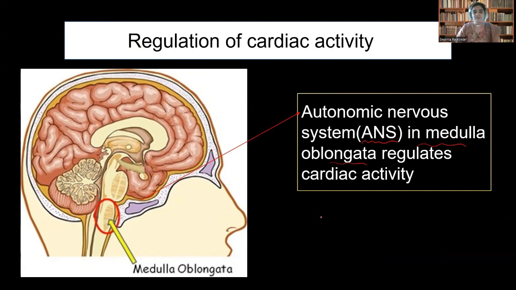We know that the nervous system contains the somatic nervous system, which controls all the voluntary muscles, where the activity is controlled by the brain, and the autonomous nervous system, which is involuntary in action. So this autonomic nervous system is mainly responsible for our cardiac activity.